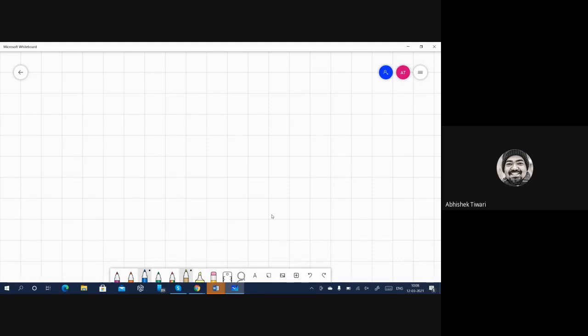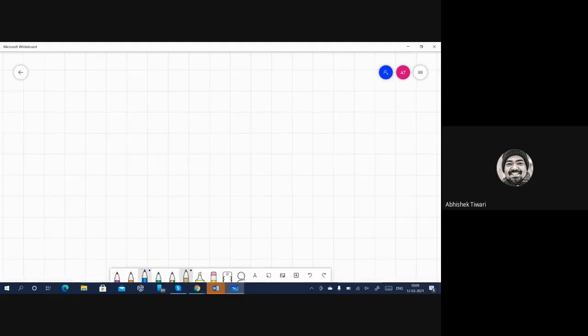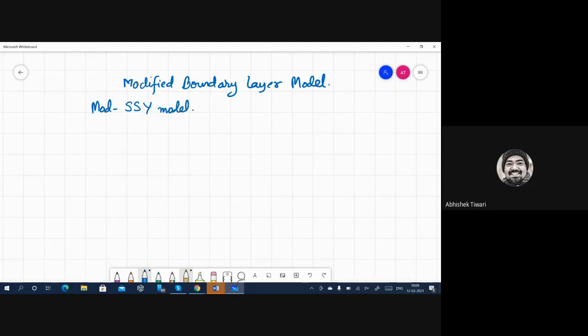So let us revisit that. And then we are going to model a special type of model which we call modified boundary layer model, also called SSY model, a modified SSY model, mod SSY model.